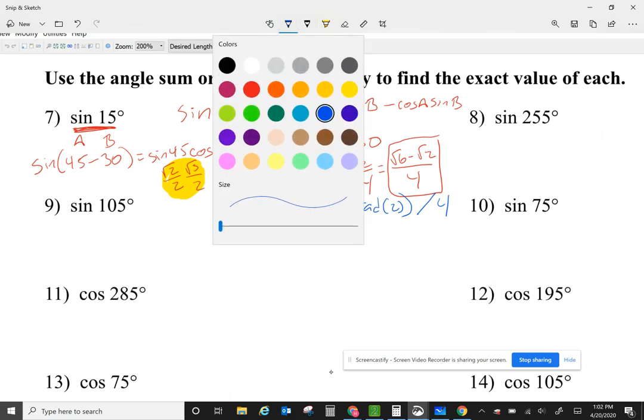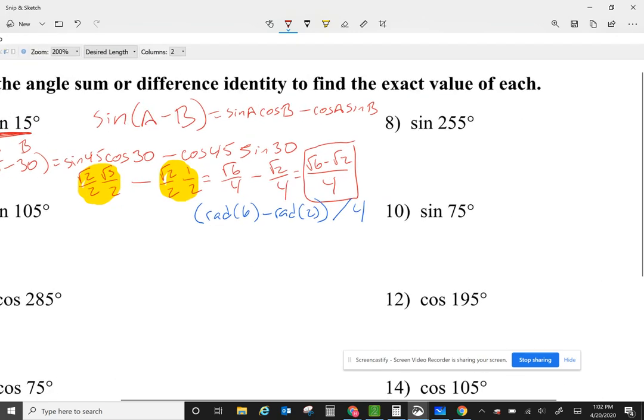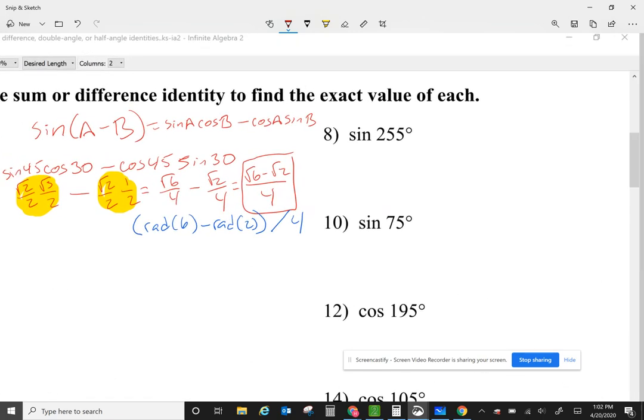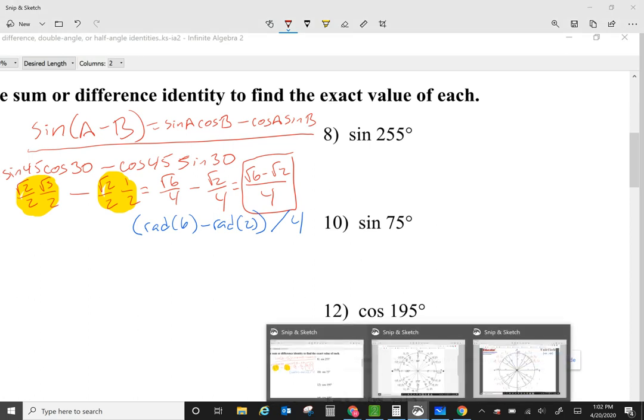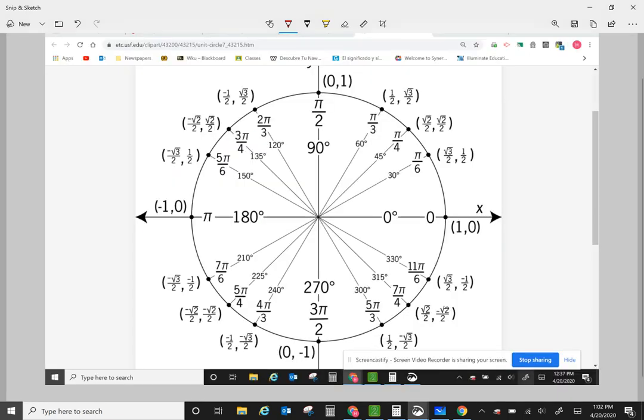Now, let's take a look at question number 8. Remember I said I'm practicing subtraction. I came up with the formula for subtraction. You could do addition if you wish, but I'm thinking, all right, two numbers from my unit circle that when I subtract them is equal to 255. Let me remember my unit circle. Two numbers that when I subtract them equals 255.